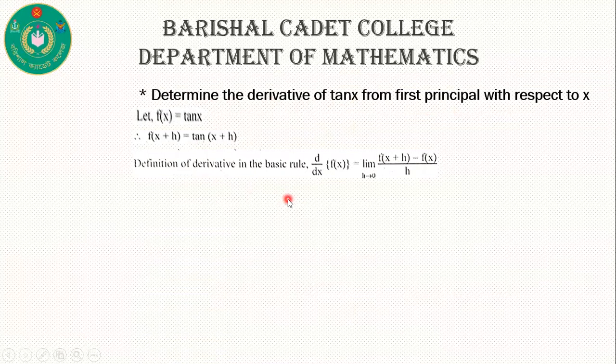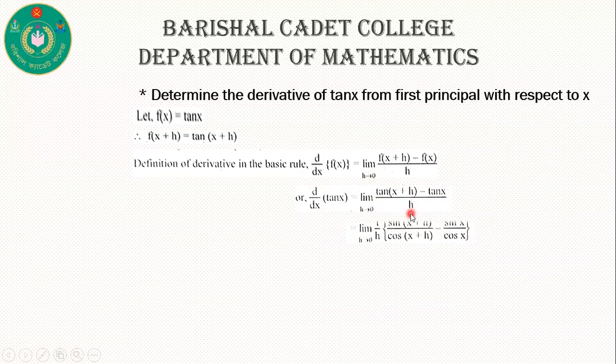From the definition of derivative, we can write d by dx f of x is equal to limit h tends to 0 (f of x plus h minus f of x) by h. Now putting the value of f of x and f of x plus h here, then we can write d by dx tan x is equal to limit h tends to 0 (tan (x plus h) minus tan x) by h.